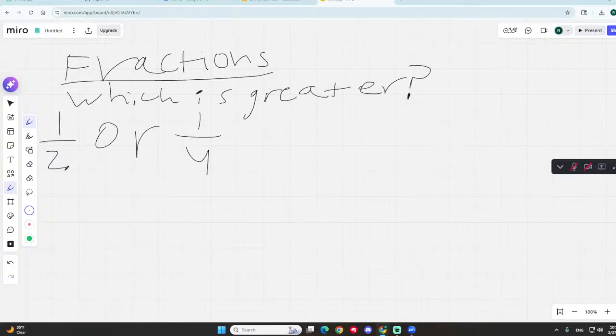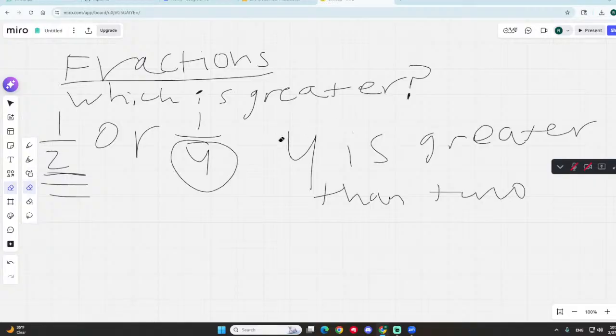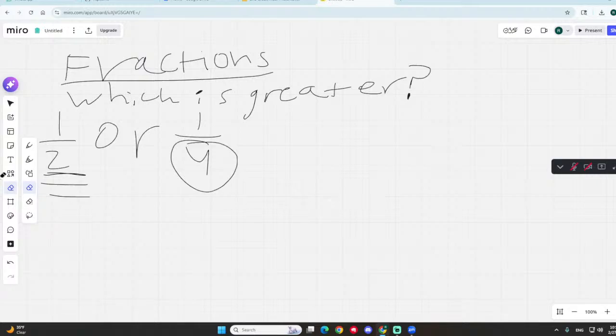So 1/2 is the greater number. You might think that 1/4 is the greater number because 4 is greater than 2. But in this case, this doesn't matter. What matters actually is that 2 is less than 4, because since the numerator is the same, the denominator matters.